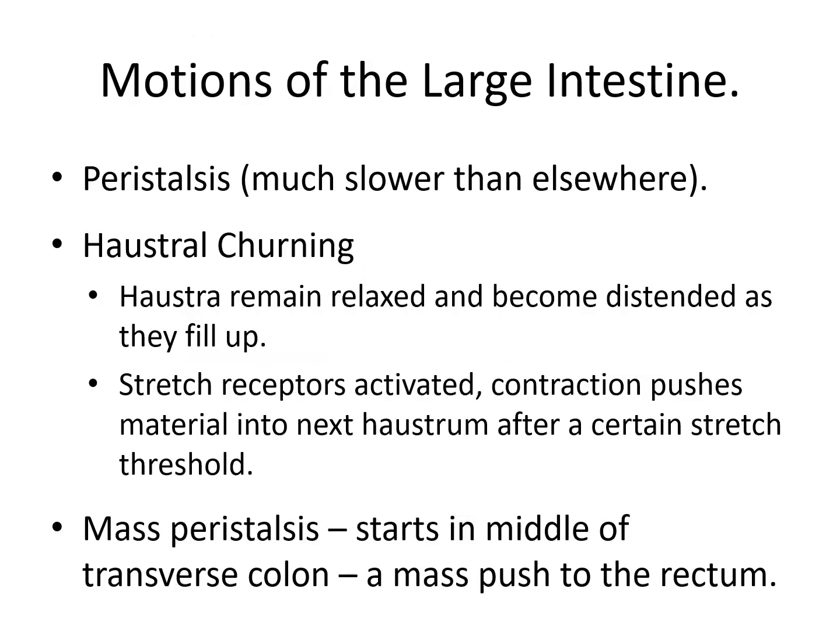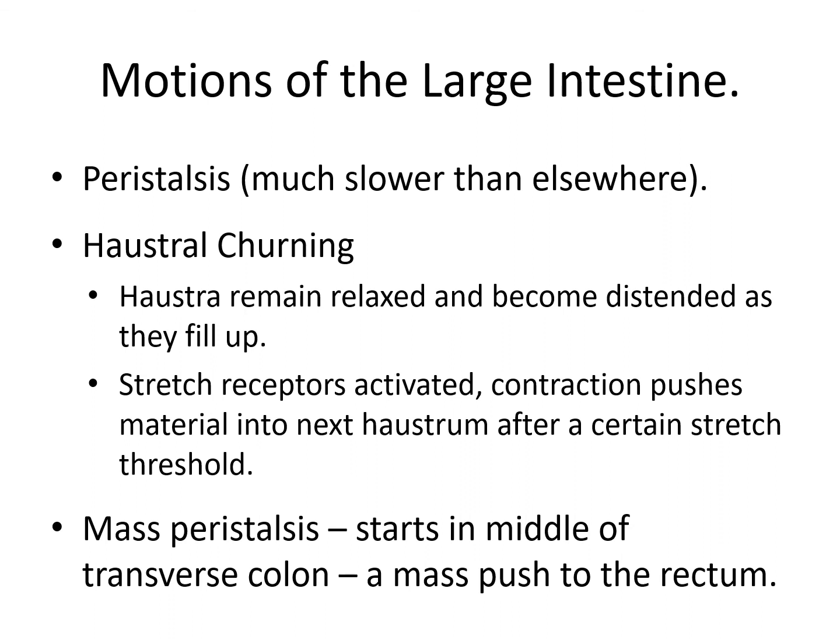So the large intestine also undergoes peristalsis, and the peristalsis occurs very slowly. Movement through the colon is pretty slow. We have what's called haustral churning, so each one of those little sacs can fill up, and there's stretch receptors that are activated, and then the sac contracts.